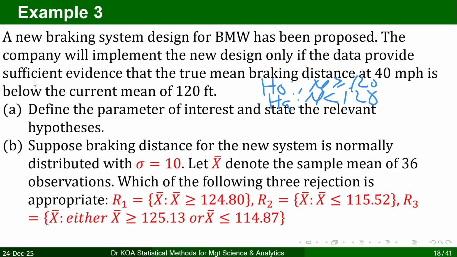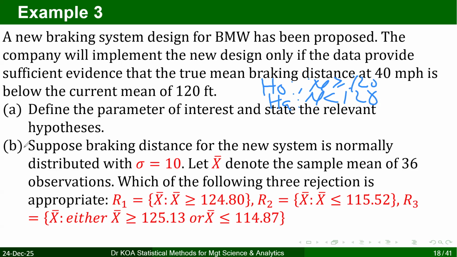So the null has a longer braking distance, or the alternative is that the new one has a shorter braking distance. What it means is that the null is saying the new system is not that effective, because for it to be effective, it has to be below the current braking distance.